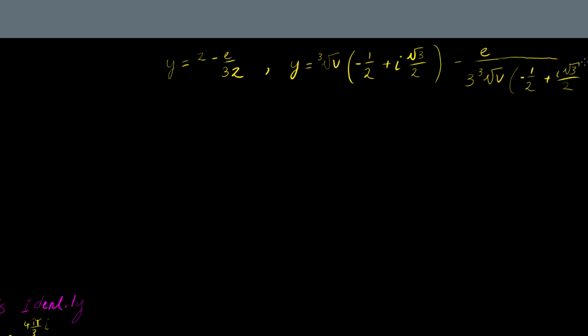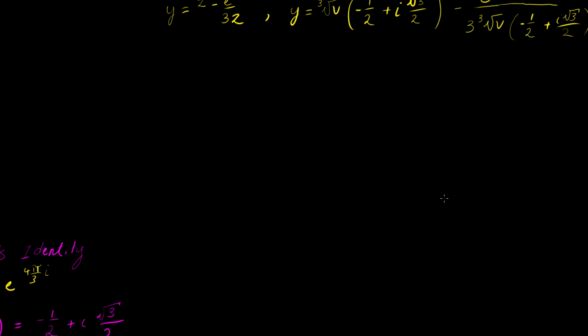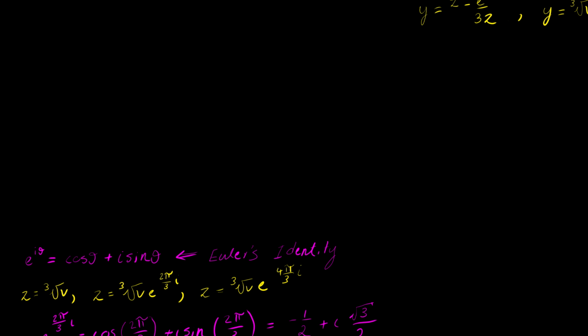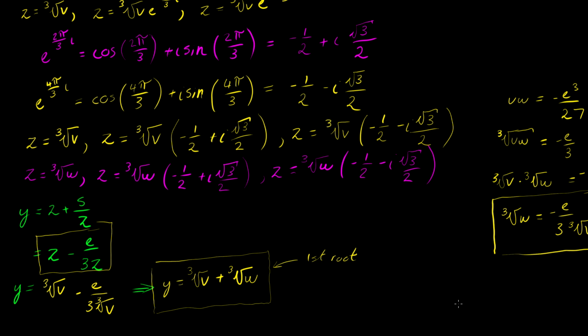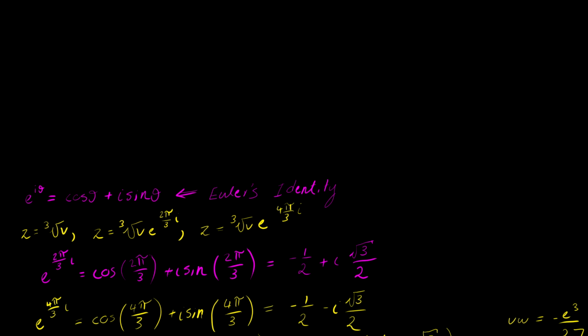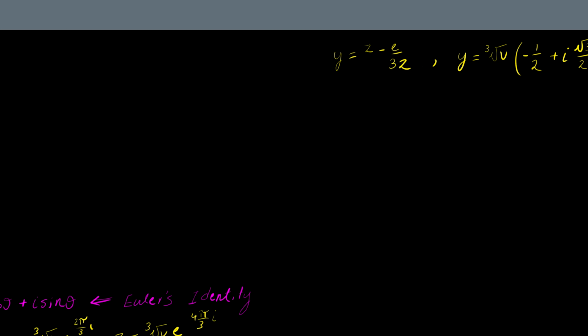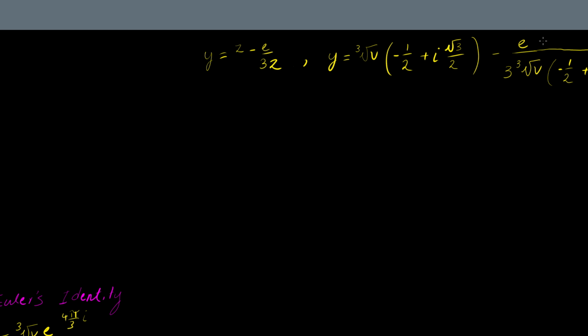We can use the fact that we figured out earlier, that the cube root of w is equal to negative e over 3 cube roots of v. So we have negative e over 3 cube roots of v right here.